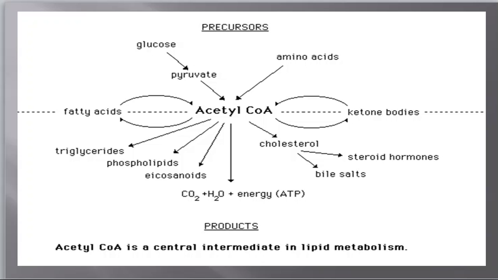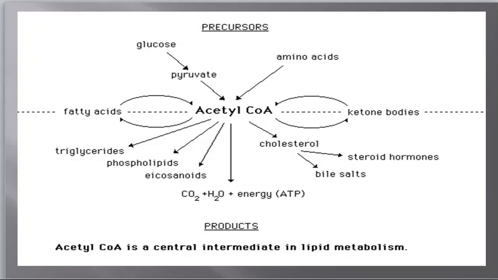During normal periods, that is after the intake of a meal, it is obtained from pyruvate formed from glycolysis. Here the important fact to understand is that acetyl CoA is a 2 carbon compound which is formed from pyruvate, which is a 3 carbon compound.